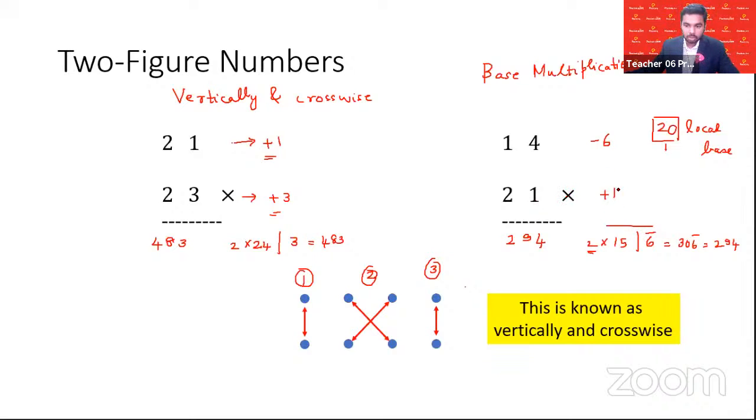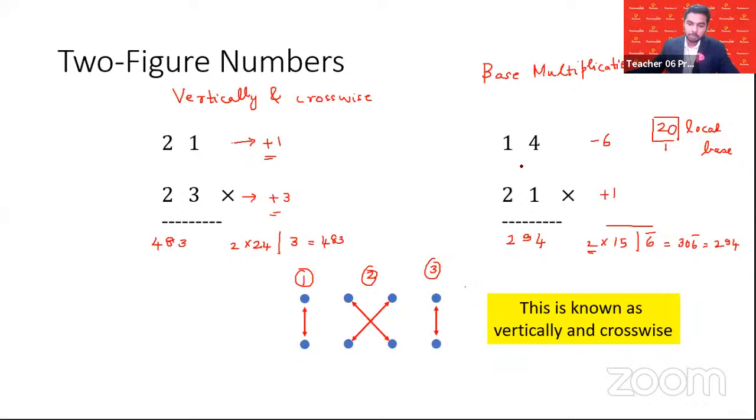So the first part of the answer is minus 6 times 1, which is 6 bar. And then you have to do cross addition, 14 plus 1 to get 15. But this answer would be true only if the base was a true base. In our example, we have a local base, and that is the reason why you have to multiply by 2. So now it must be very clear.